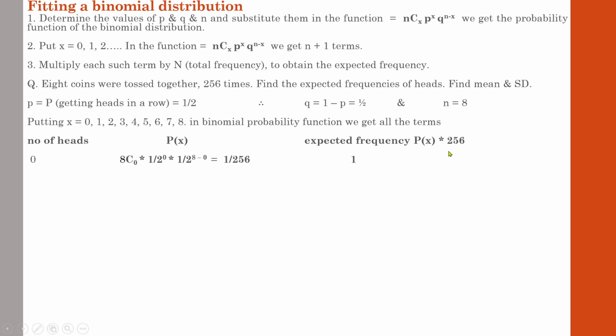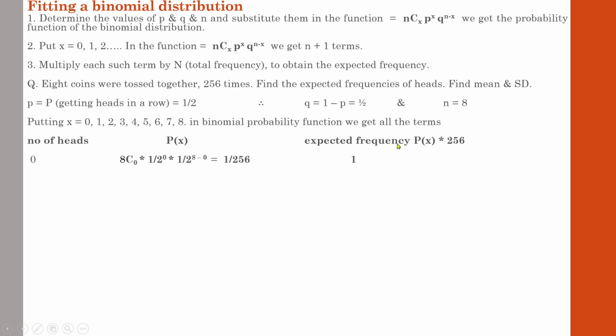And in the question you are asked to find the expected frequencies of head. How many times does the head occur? You have found that the probability of not getting head is 1 by 256. That is in a fraction pattern. You need the exact number of times no heads come. So in order to do that, you have to use one property. That is, if you multiply the capital N with the probability value, you will get the expected frequency.